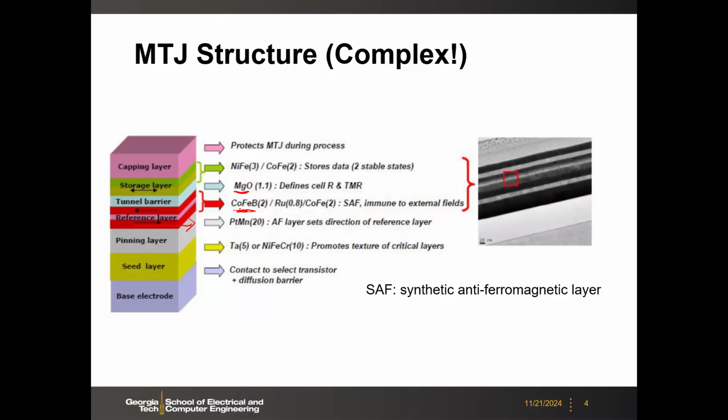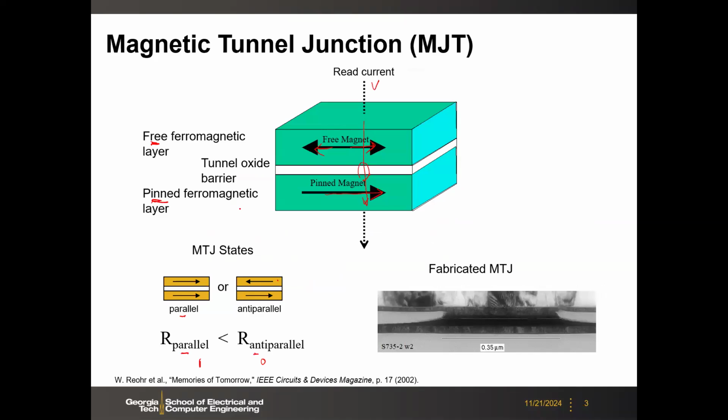It's very complicated. But I think what you want to understand here is that we have those three key layers, and there are many other layers to assist those three key layers, as we showed here. This is what you need to understand, at least for this course.